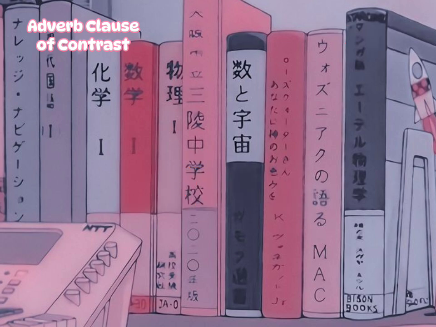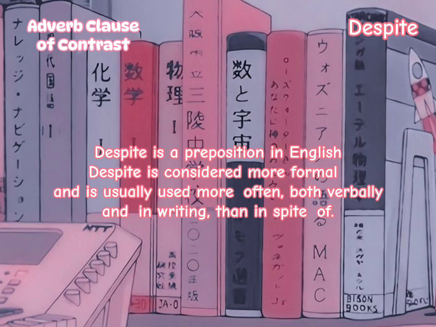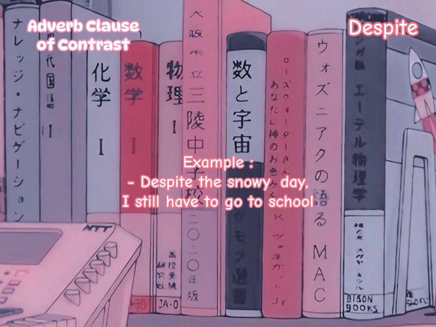The next conjunction is despite. Despite is a preposition in English. Despite is considered more formal and is usually used more often, both verbally and in writing, than in spite of. For example, despite the snowy day, I still have to go to school.